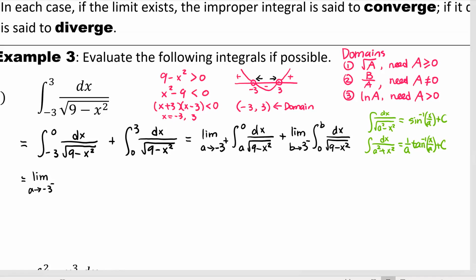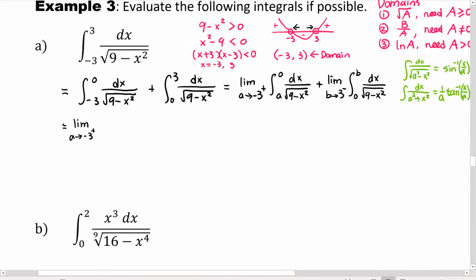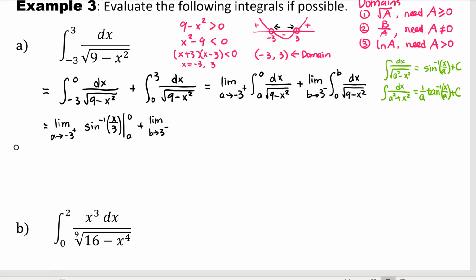Limit as a goes to negative 3 from the right of arcsine of x over 3, evaluated from a to 0, plus the limit as b goes to 3 from the left, the same thing, arcsine of x over 3, evaluated from 0 to b. So what is that?